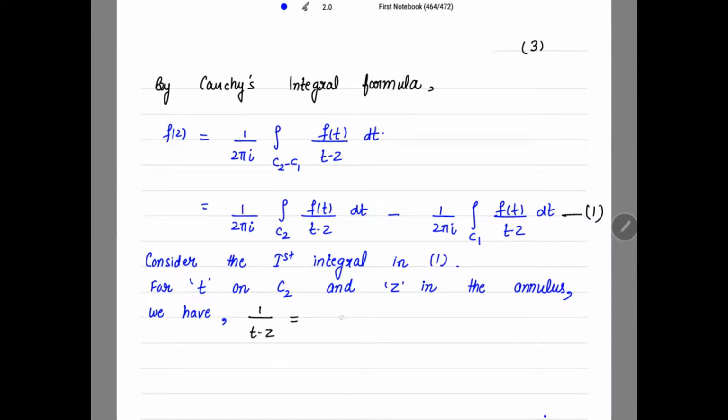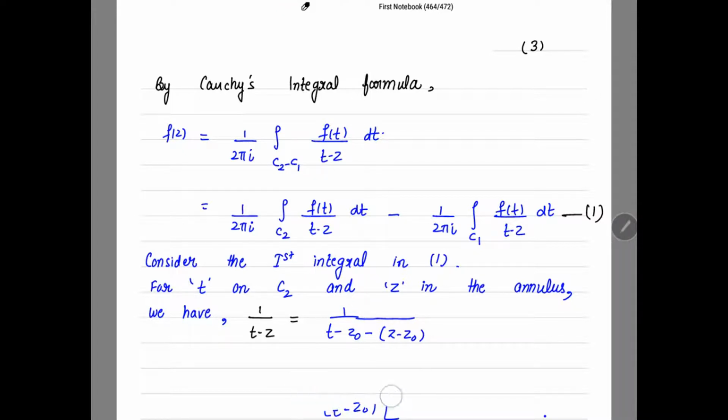Take this equal to 1 over, just add and subtract z naught, you get t minus z naught minus z minus z naught. I have added and subtracted z naught, which is equal to 1 over t minus z naught. Take this common from the denominator.